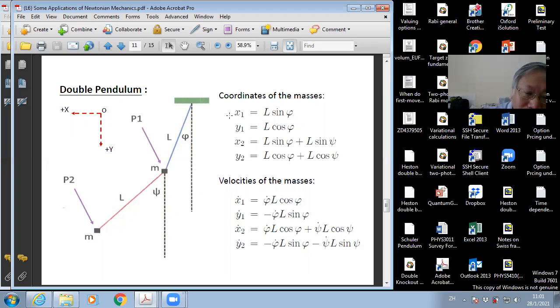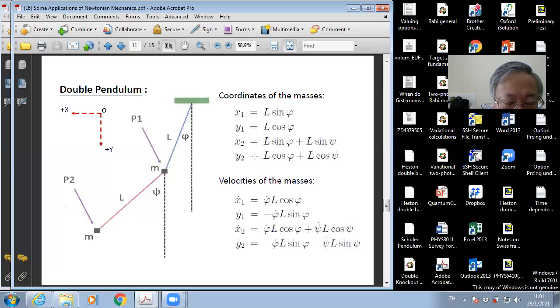For example, we can easily see that x1 squared plus y1 squared equals L squared. So this is our constraint equation. x2 squared plus y2 squared will give you another constraint, all right? So we have four Cartesian coordinates with two constraints.